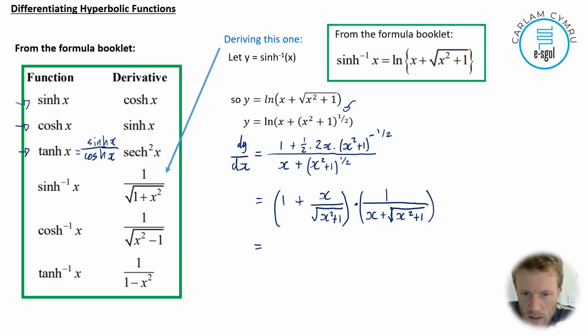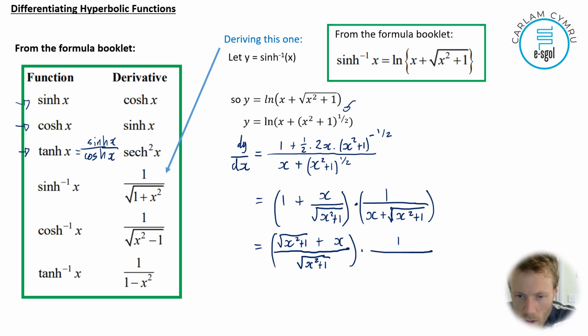Let's take this left-hand bracket here. Instead of writing 1, I'm going to write the square root of x squared plus 1 over the square root of x squared plus 1. Okay, so that's the one element. And then plus x, so I've just combined the fraction there, still times this right-hand fraction, 1 over x plus the square root of x squared plus 1.